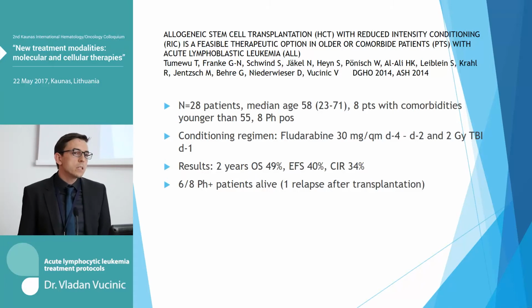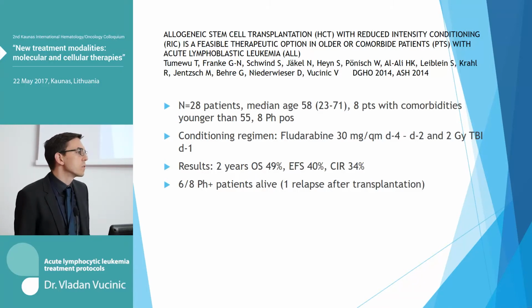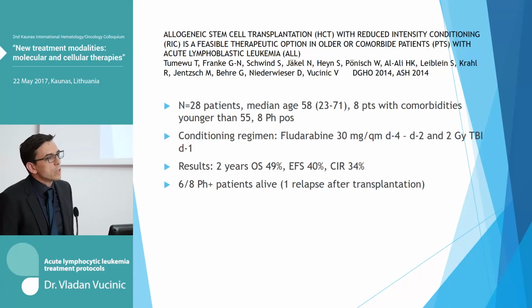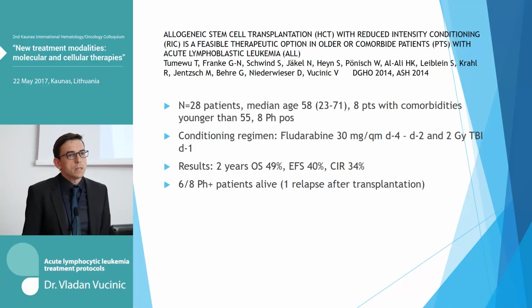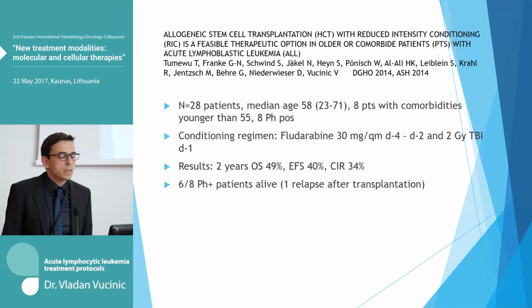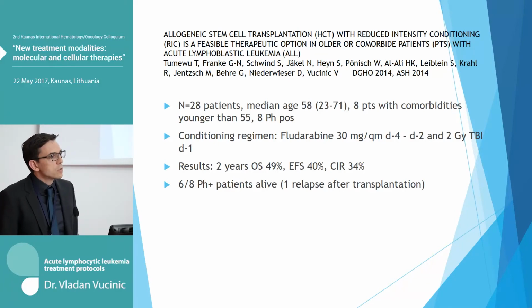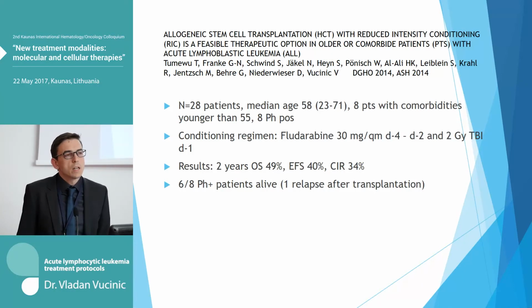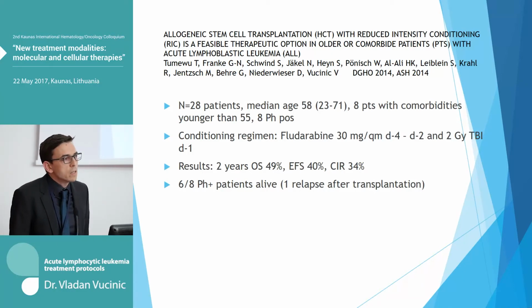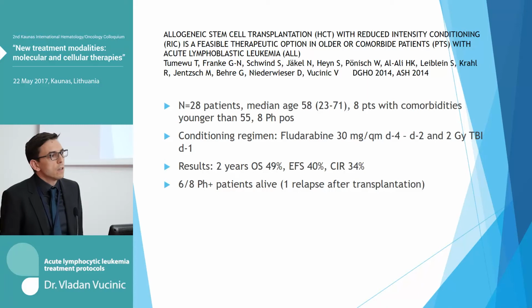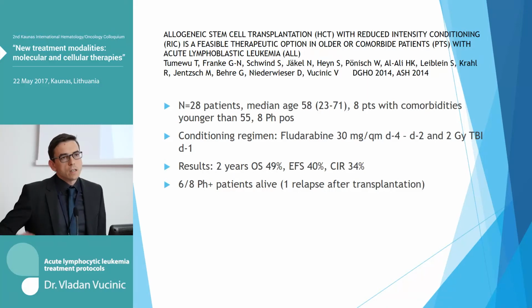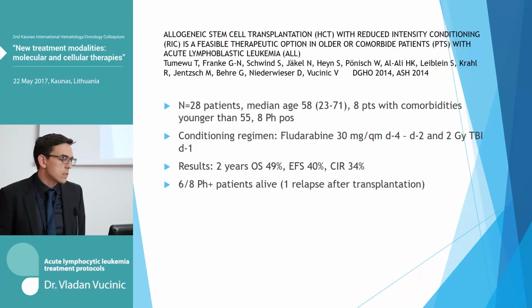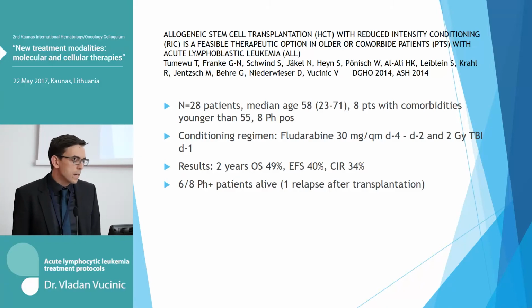As you can see, 8 patients are younger than 55, so according to the general recommendations, they shouldn't be transplanted with this regimen. On the other hand, those are heavily pretreated patients in 2nd or 3rd complete remission, and those heavily pretreated patients were frail for conventional 12-grade TBI or etoposide cyclophosphamide regimen.